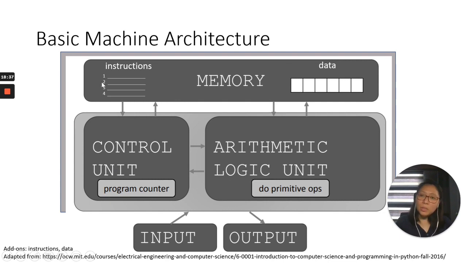So it goes to the second instruction in the sequence, and then the same process. The ALU executes the instruction, and then the control unit goes to the next instruction.